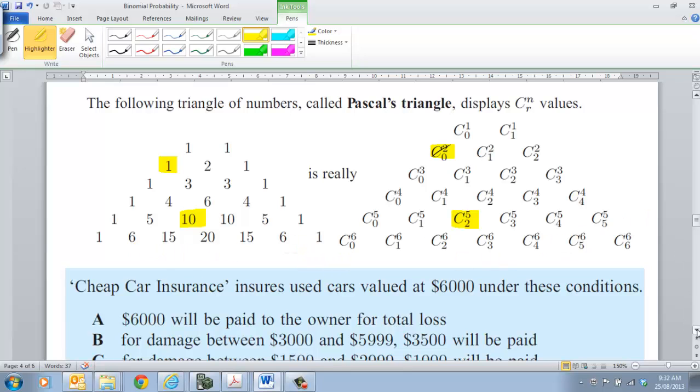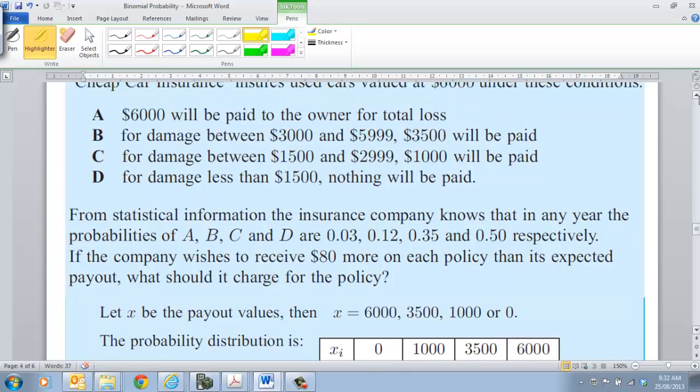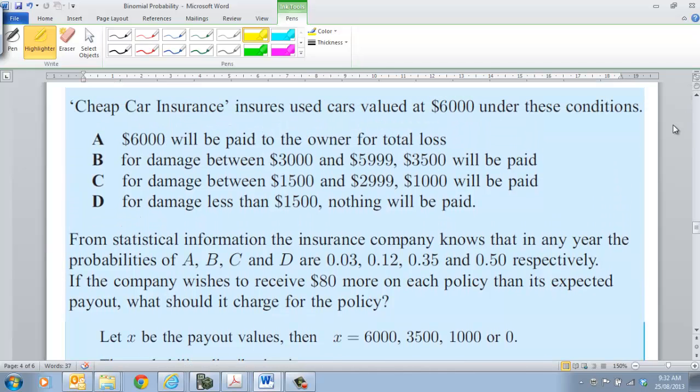Now I just want to quickly look at an example in your textbook, and this one puts into context why we would be doing this. Cheap car insurance insures used cars valued at $6,000 and under these conditions. These are the categories for their payouts. $6,000 will be paid to the owner for total loss.